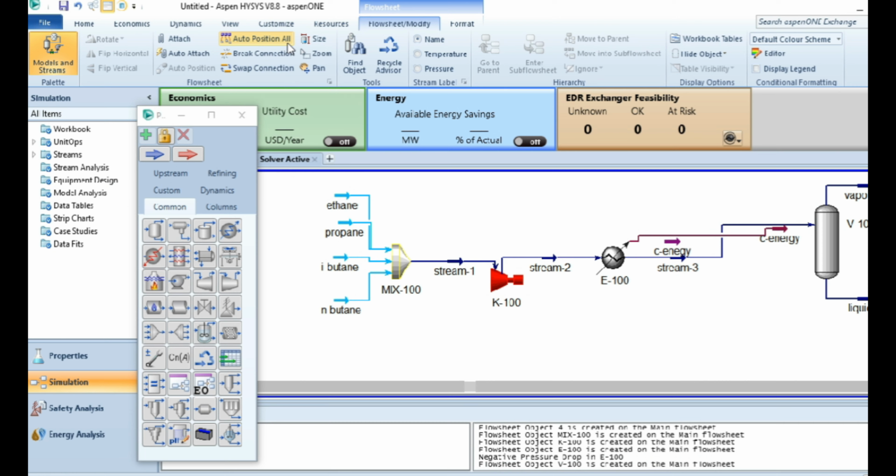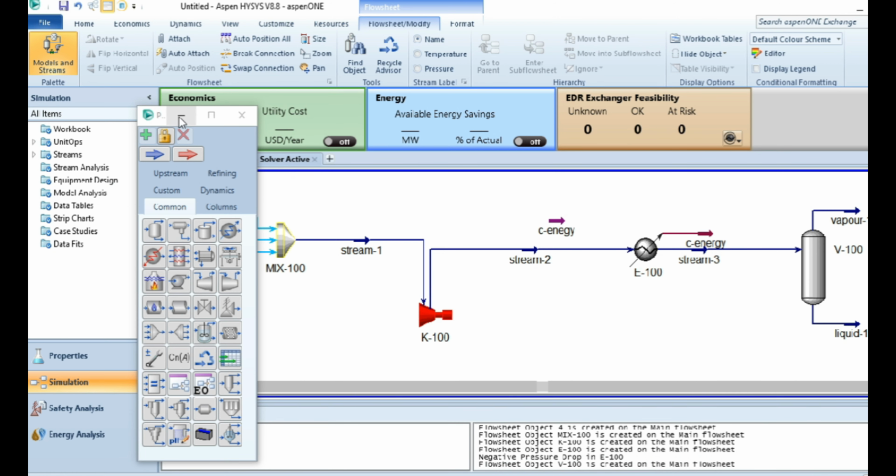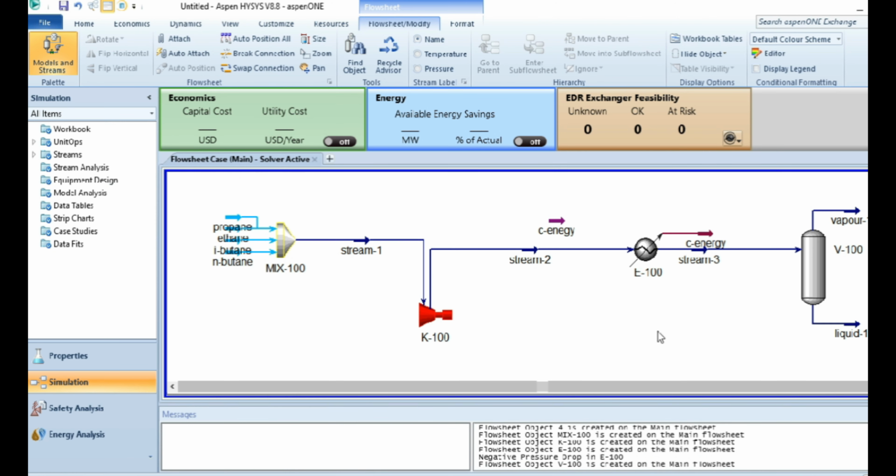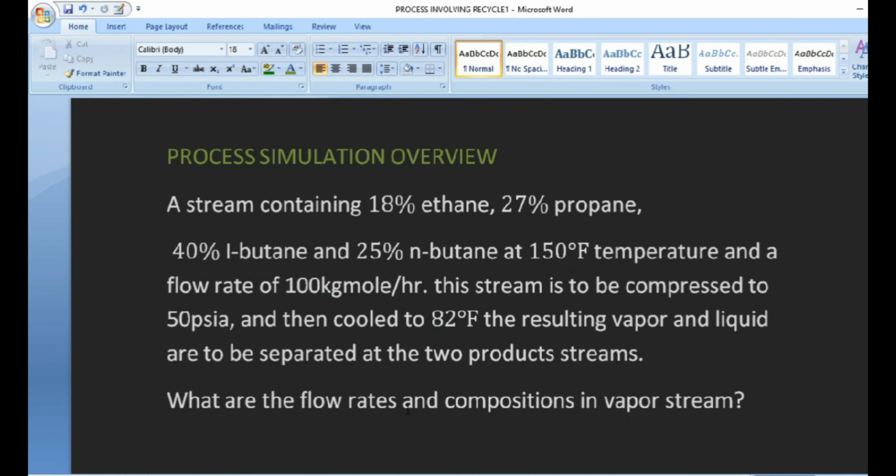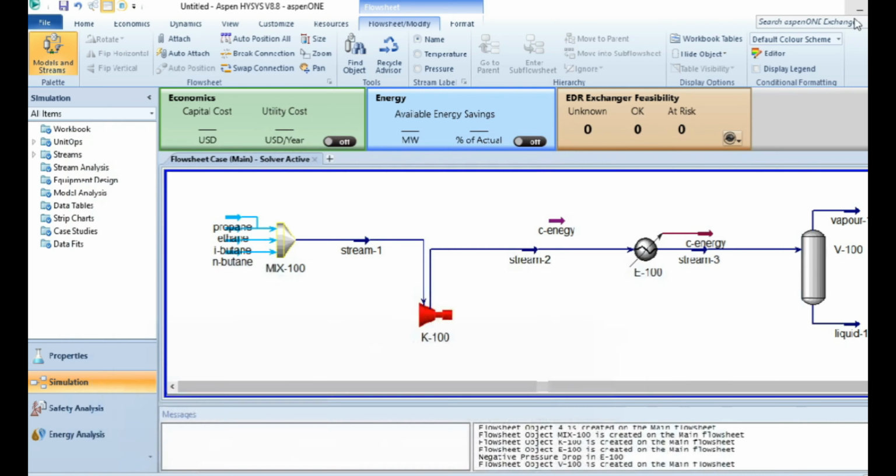So let's have a clear understanding. From the question, we are asked to find the flow and composition in the vapour stream.